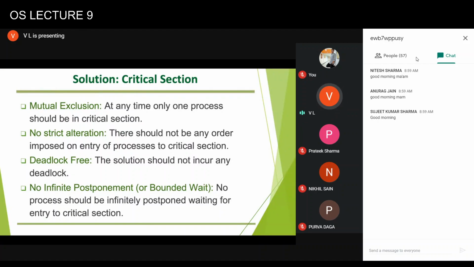That is not required. We should not have a solution dependent upon strict alternation, because one of the processes might not have started execution, or might have terminated abnormally. This would hold the other process for an infinitely long time. Any solution should be deadlock free, and there should not be any infinite postponement.